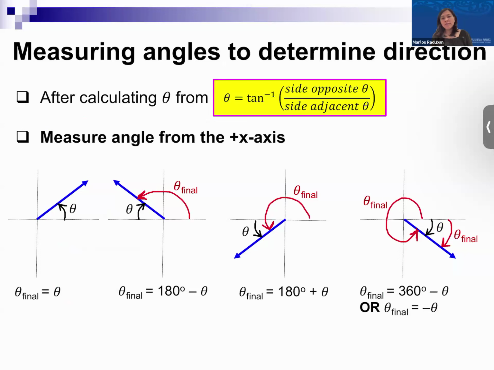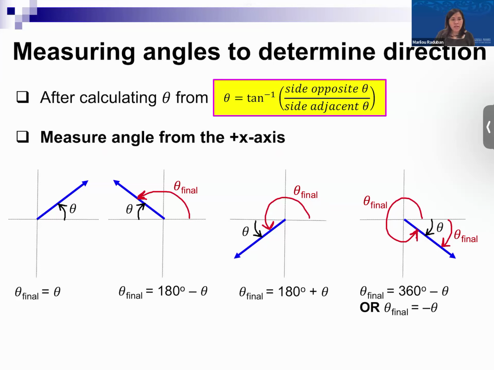Okay, once you've determined the direction, the angle theta from the trigonometric identity using the arctangent of the side opposite the angle divided by the side adjacent the angle, we usually measure the angle from the positive x-axis. Okay?